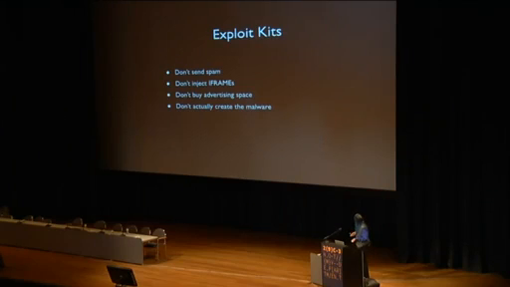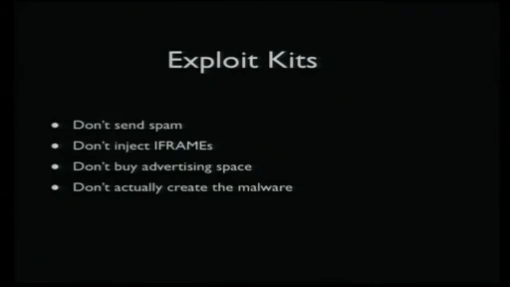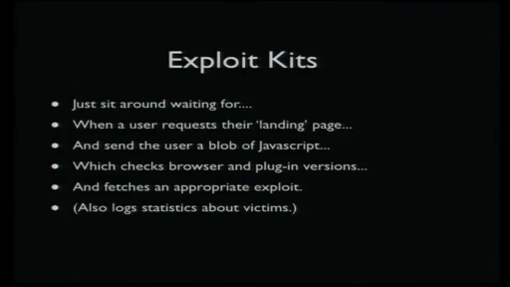That's out of scope for the exploit kit, basically. The kit itself doesn't actually send any spam, and it doesn't do any iframe injections, and it doesn't buy malicious advertising or anything like that. It doesn't even have anything to do with the malware. It's basically just a bunch of exploits that have been wrapped up with some PHP scripts with a fancy reporting interface.